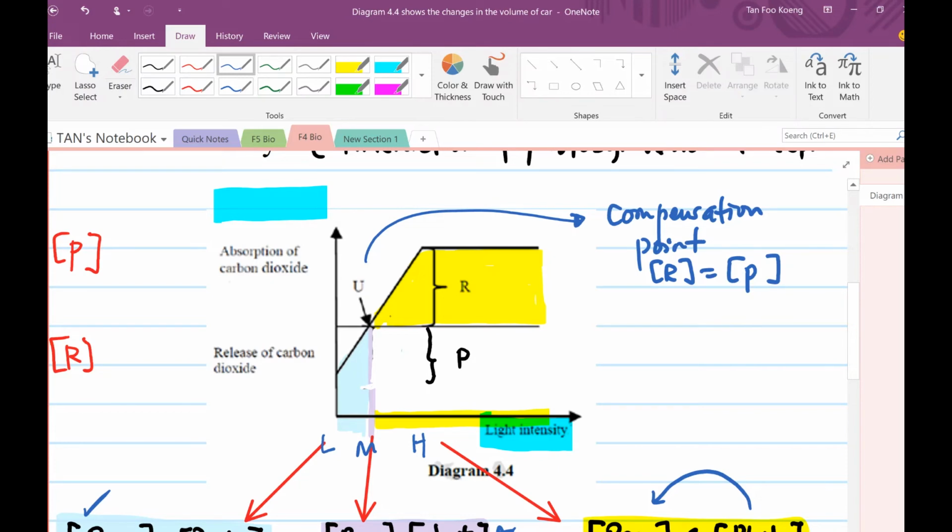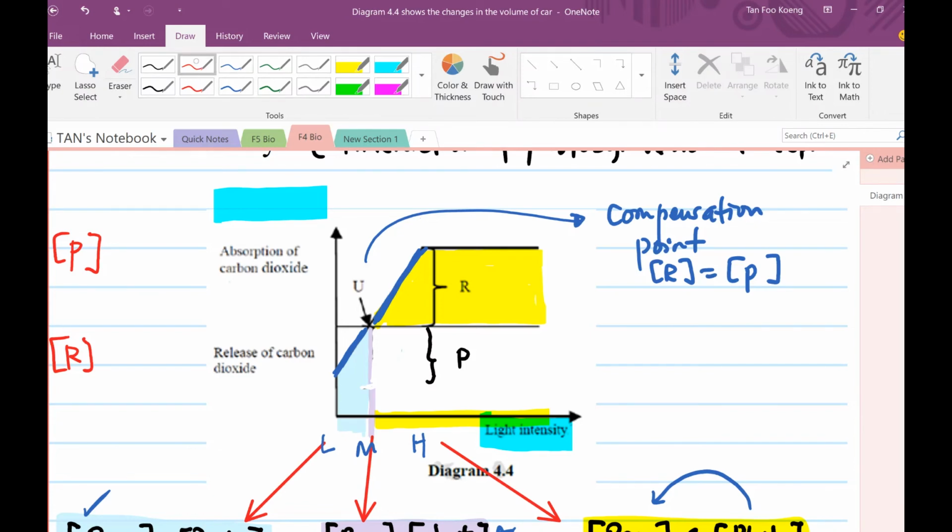Below the compensation point, which is this part, the rate of photosynthesis is smaller than the rate of respiration, so there is a net loss of glucose. Beyond this compensation point, the rate of photosynthesis will be greater than the rate of respiration. This is when the plant will have a net production of glucose.